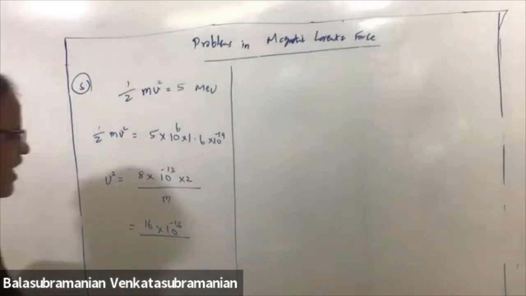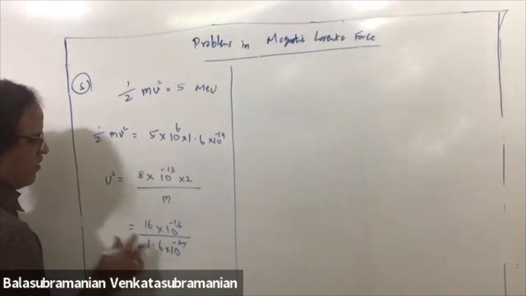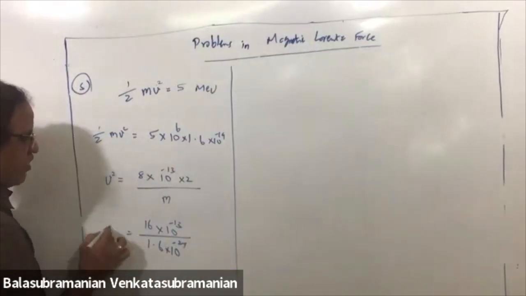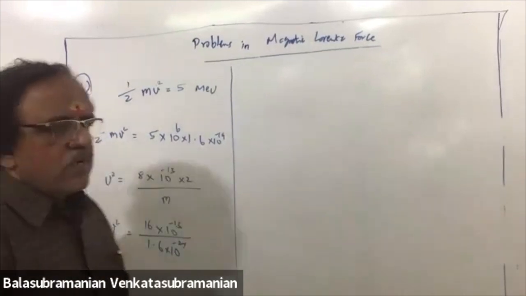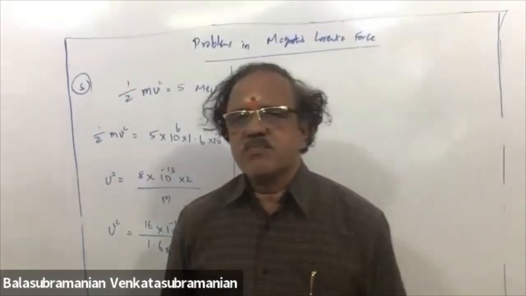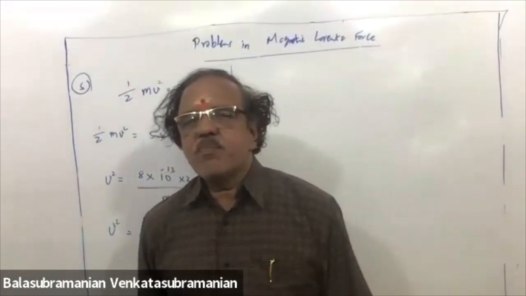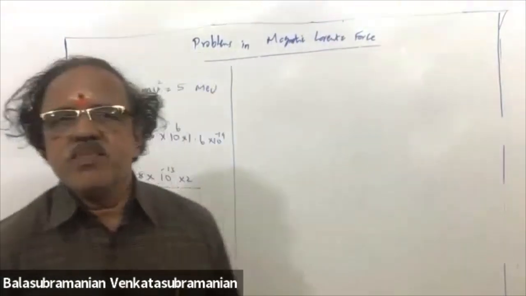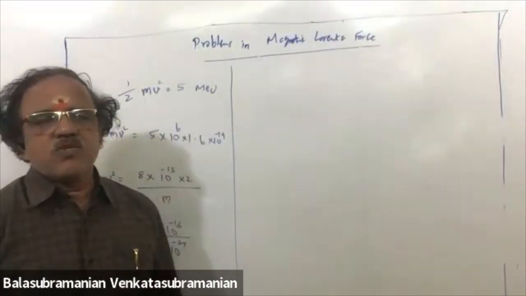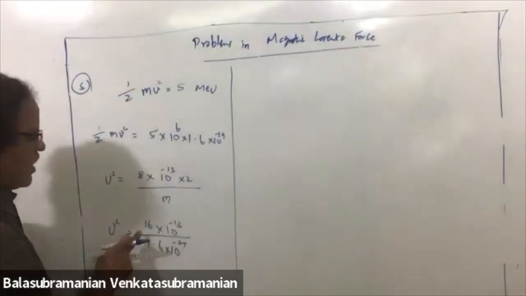Proton mass is nearly 1.6 into 10 power minus 27. They are given in the problem itself. 1.6 into 10 power minus 27. Actual value 1.67 into 10 power minus 27 kilogram. But the problem they have given here is 1.6 into 10 power minus 27 for a simple reason, to cancel.